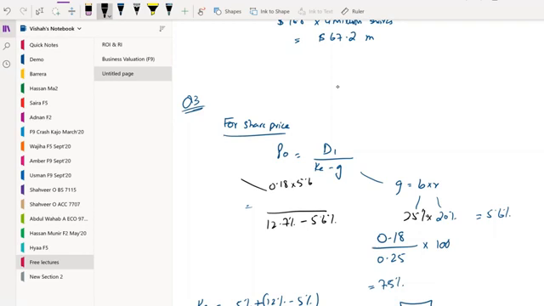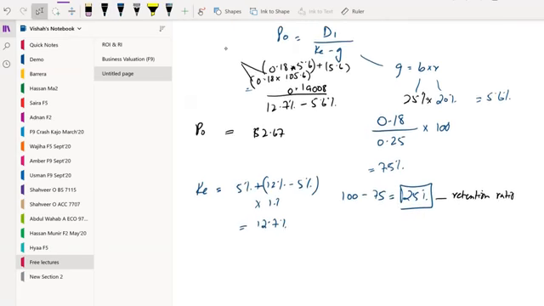So either you can compute it in this manner, or you can use the other method, that is 0.18 into 105.6. That would give you a D1 of 0.19008 and your P0 would be 2.67.